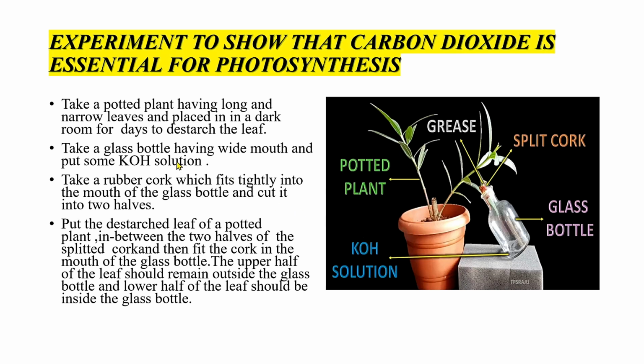The next experiment: another external factor for us is carbon dioxide. This carbon dioxide is very, very essential for photosynthesis. How can we prove that carbon dioxide is essential for photosynthesis? For that, we have to take a potted plant, and when choosing it, we should choose a potted plant which has long and narrow leaves.